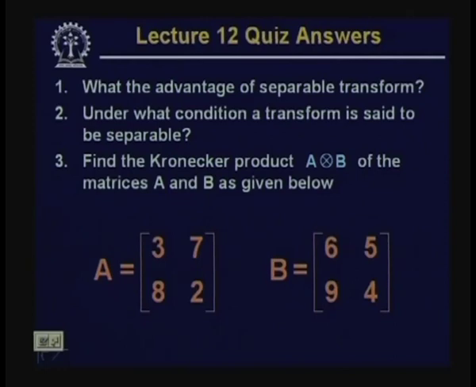This also we have discussed during our previous discussion. We said that a transformation is separable if the transformation matrix, which is unitary, can be represented as a product of two matrices, say A1 and A2, and both A1 and A2 are also unitary.